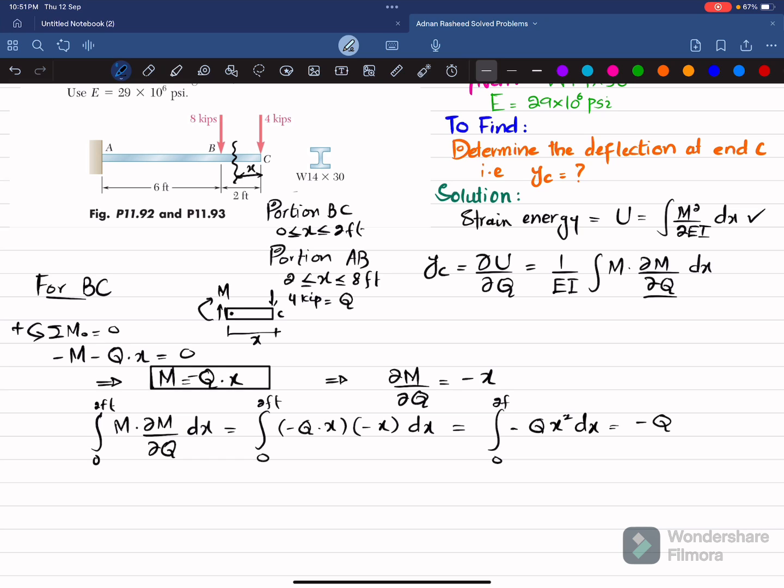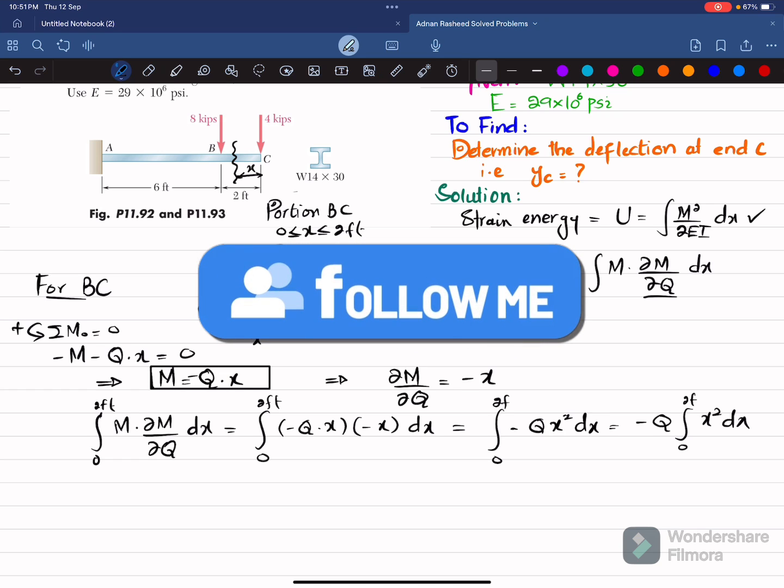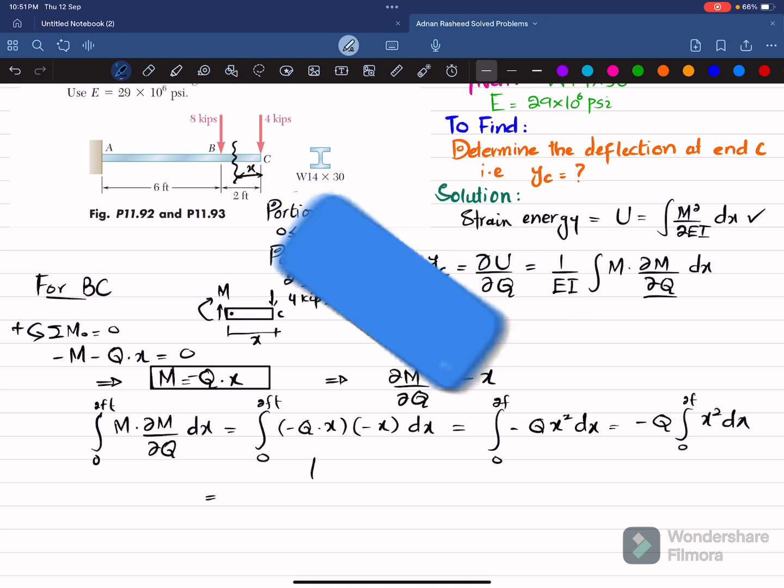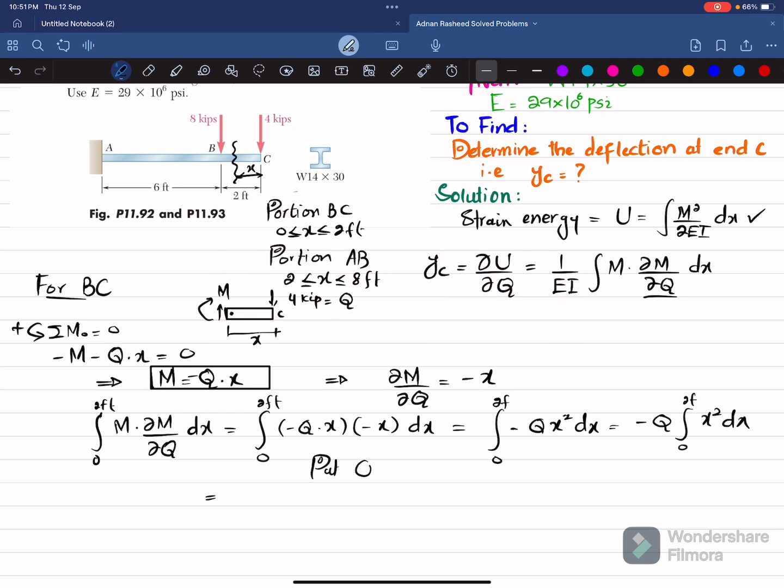And if you integrate it again, it will be equal to minus Q times the integral from 0 to 2 feet of x squared dx. If we put Q equal to 4 kips, that will be equal to minus 4 into x cubed by 3, and the limit will be from 0 to 2 feet. Clear?